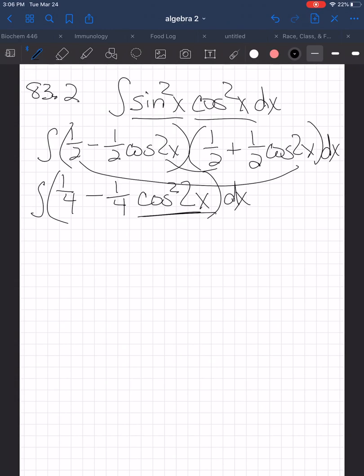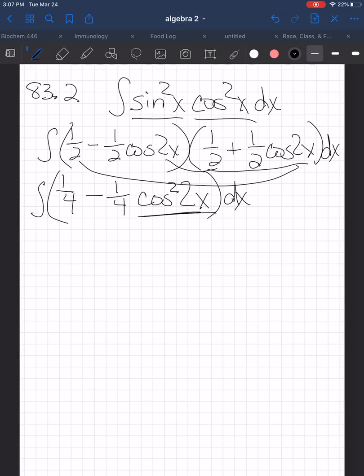The only difference is this was cosine squared of x, which became this right here. So cosine squared of 2x means we're going to have a 2x here. So every time we have a 2x here, it'll actually be double that. So this will become 4x when we substitute in.